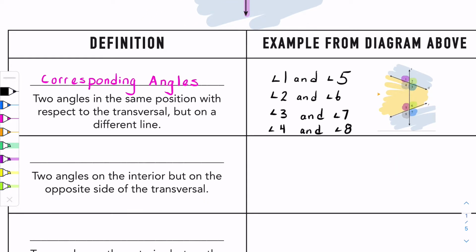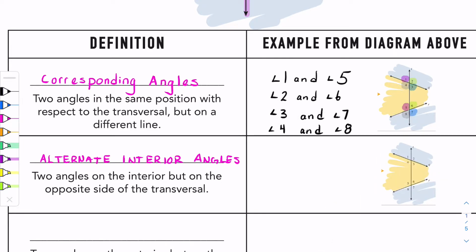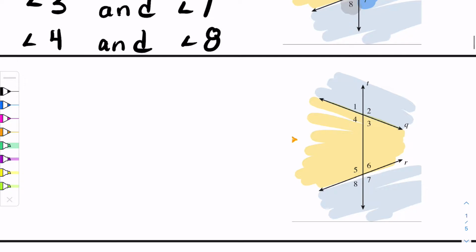Next, we're going to be looking at alternate interior angles. Alternate interior angles are two angles on the interior, but on opposite sides of the transversal. If we look at our diagram above, angles that are on the interior, so recall that interior angles or interior points are highlighted in orange, but on opposite sides of the transversal.